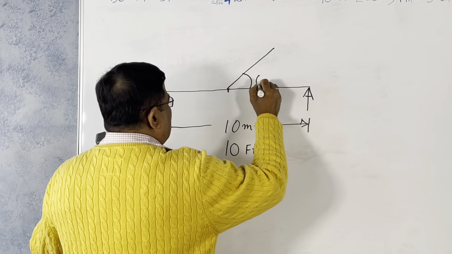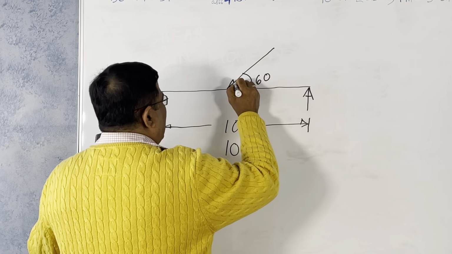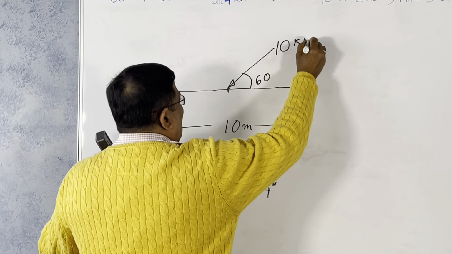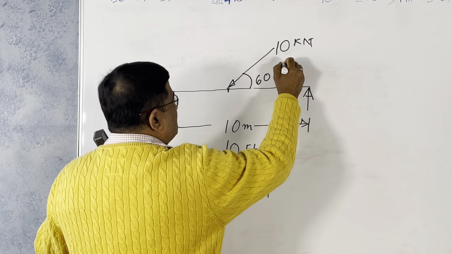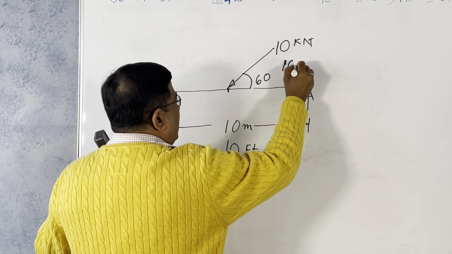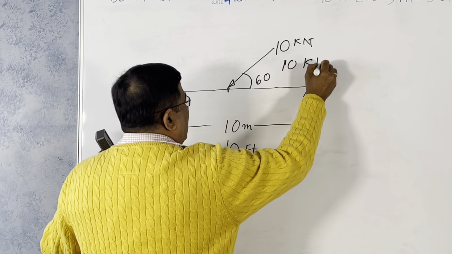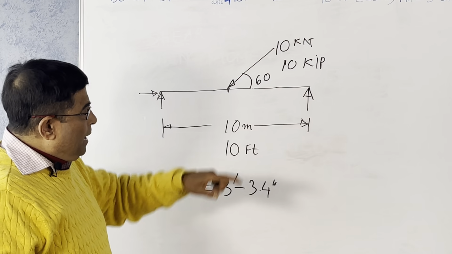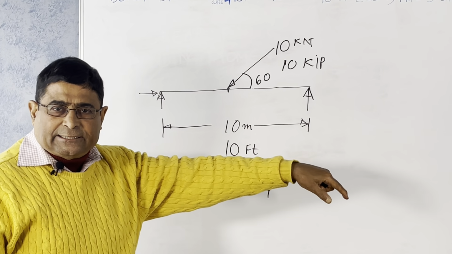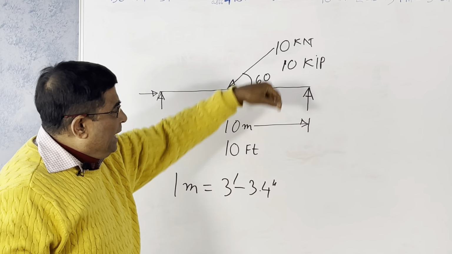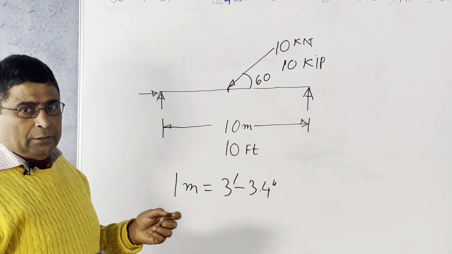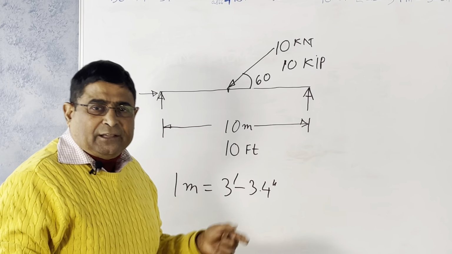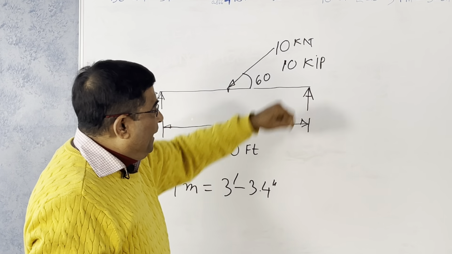At a 60 degree angle, we have a load of 10 kilonewton, or you can say 10 kip. Kip means kilopound, so don't worry about this. Those who use the SI system, you know what 10 kilonewton is. For those who use the American system, it is 10 kip.